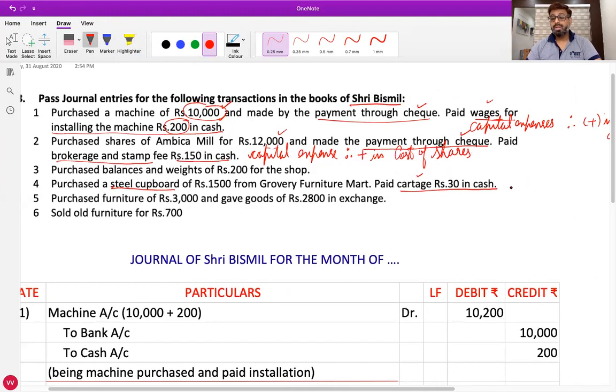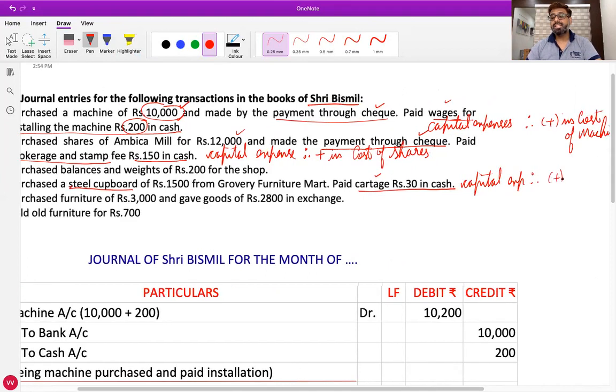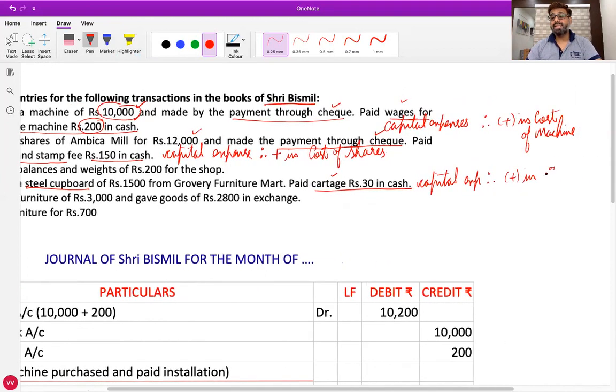One-time expense. Revenue expense or capital expense? Capital expense. So what will we do if it is a capital expense? Add it in the steel cupboard amount. We'll call it furniture. We'll add it in the cost of furniture, okay? And we will not debit it separately.